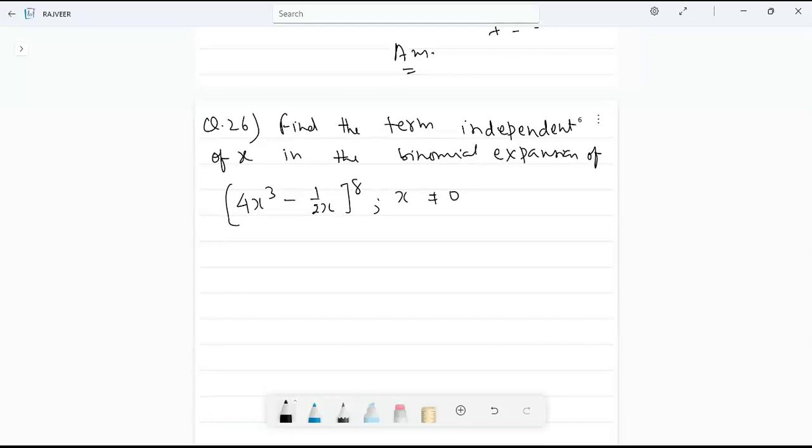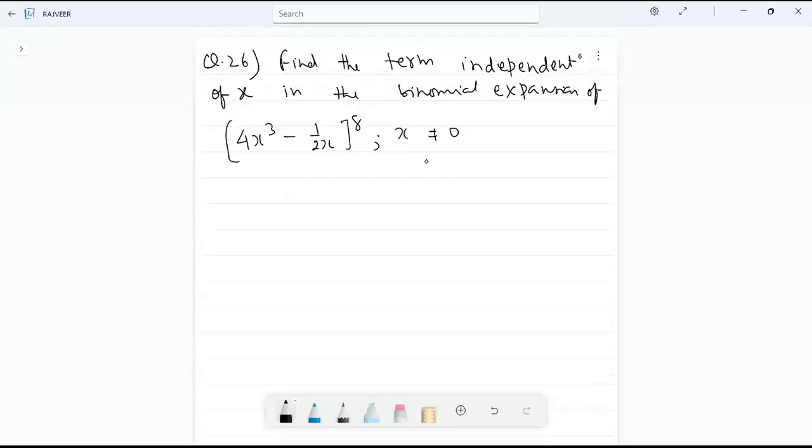So, term independent of x. In such type of question, we write the general term first. So how to write the general term? General term, GT.